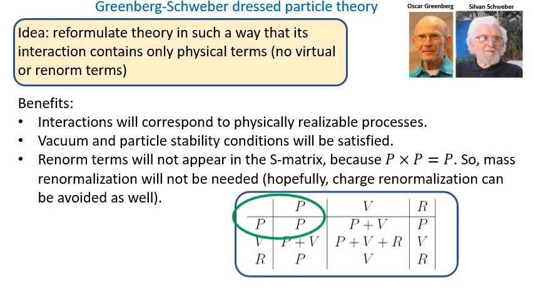And third, from the multiplication table, it's clear that the product of 2 or more physical terms is always physical. This guarantees that bad renorm terms will not appear in the S-matrix. Then there will be no need for mass renormalization, and hopefully we may avoid the charge renormalization as well.